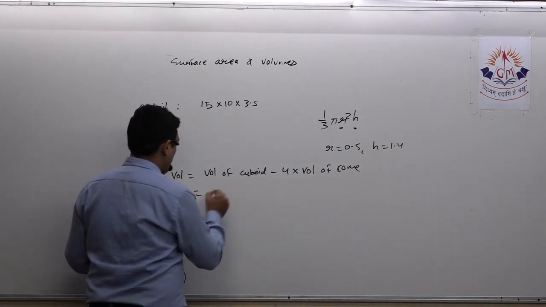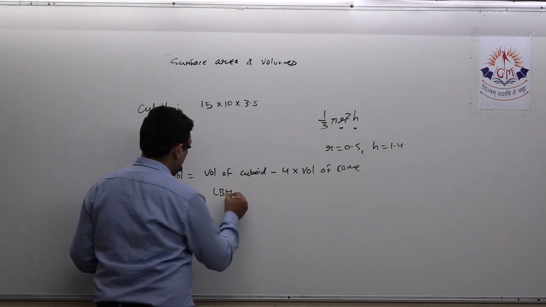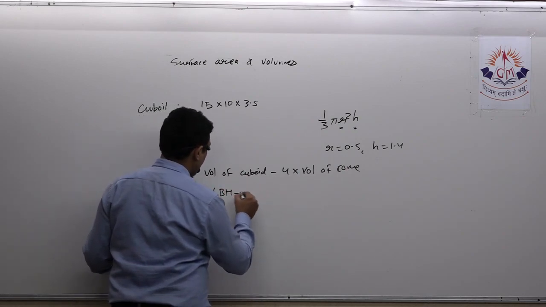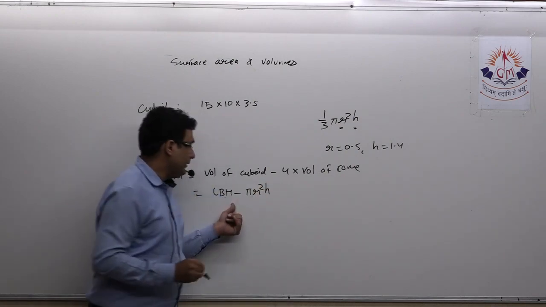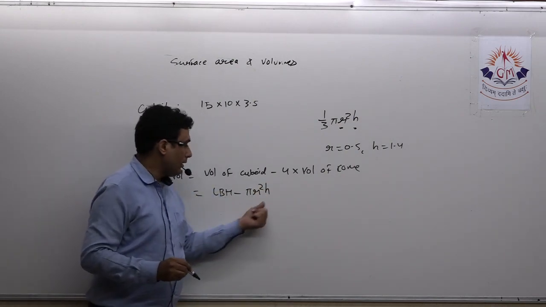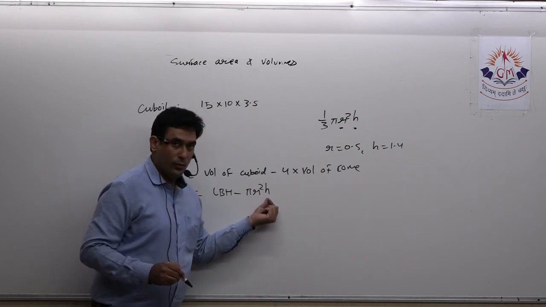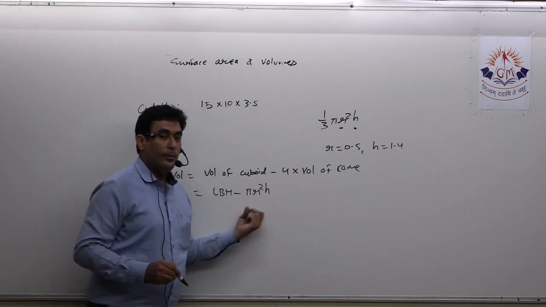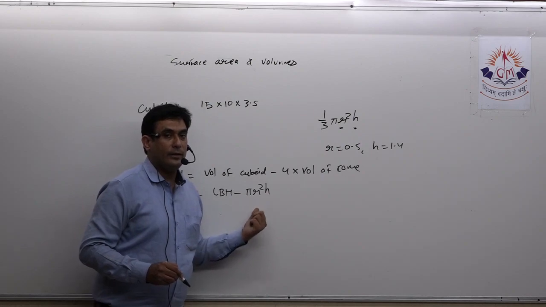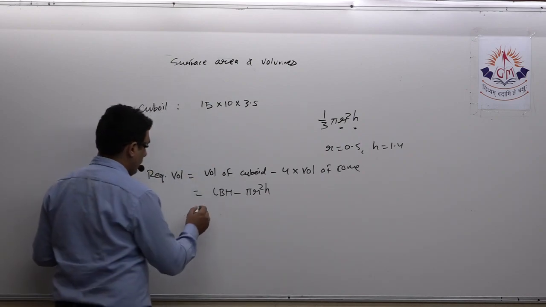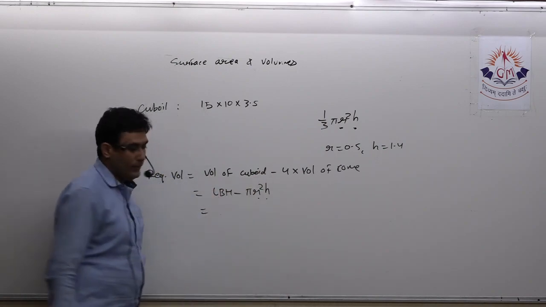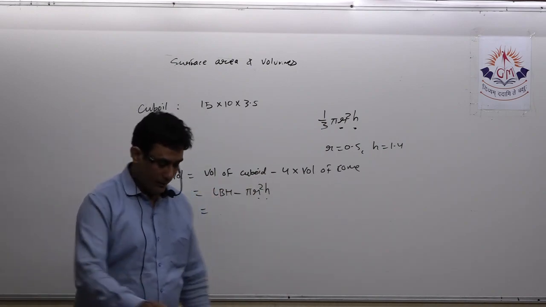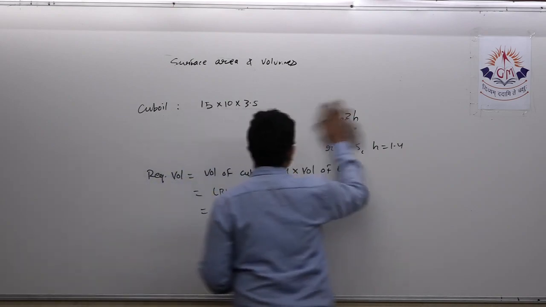Volume of cuboid is LBH and volume of cone is pi r square h. I intentionally took capital H for the cuboid because there is a small h over here as well, so I have to take different symbols. Now L, B, H are given, r and h are given, just keep the values to get the answer.